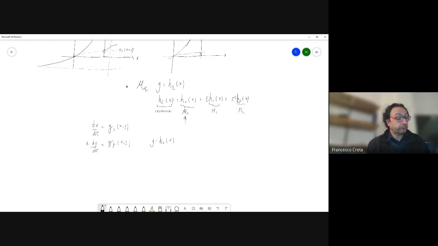If we substitute this into this equation, for example, we have epsilon dy by dt. We can write it as dh epsilon by dx times dx by dt. This will be equal to, again, the right-hand side as a function of x, and then for y we have to substitute the slow manifold.